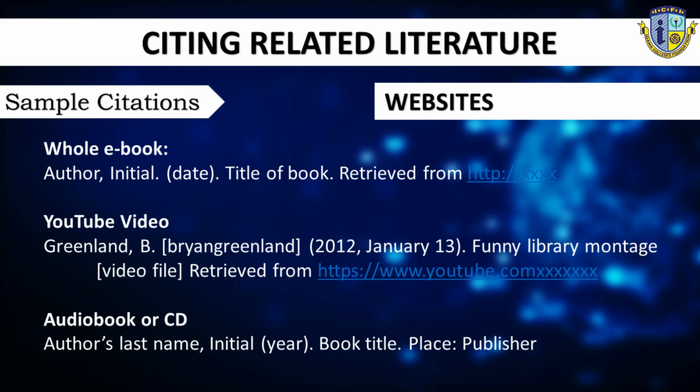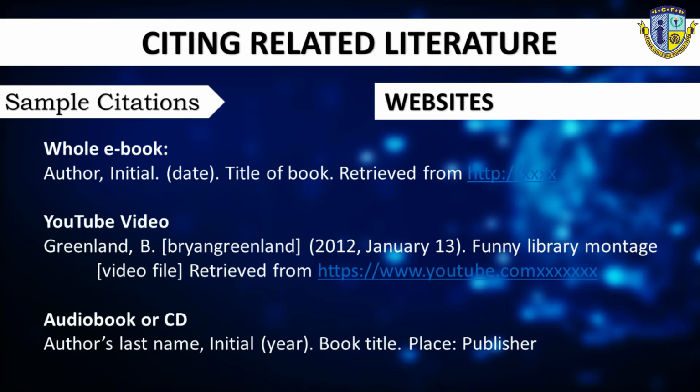Now, what about when we use ebooks? The reference list entries for a whole ebook and a chapter in an ebook are exemplified as follows. For the whole ebook, state first the author, and then the initial name, then the date, the title of the book, and then retrieved from the link. Where did you get that information?